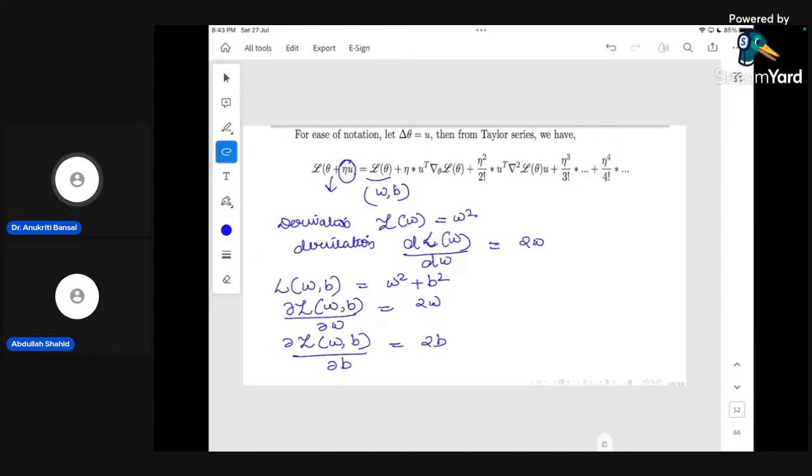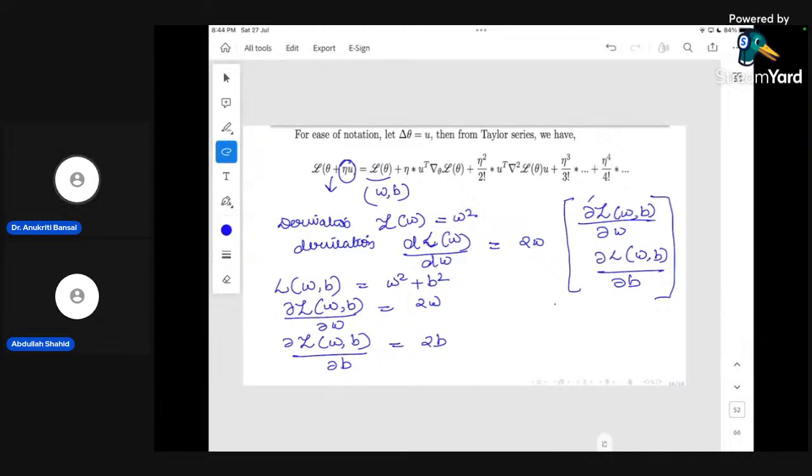The gradient is these two combined: the partial derivative with respect to W and the partial derivative with respect to B, put together in a vector form.